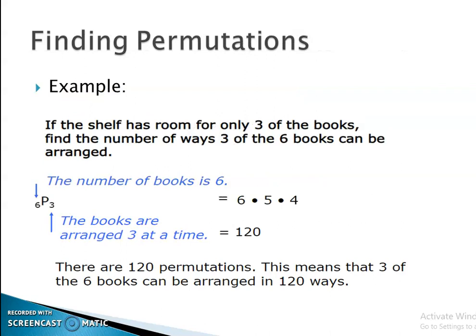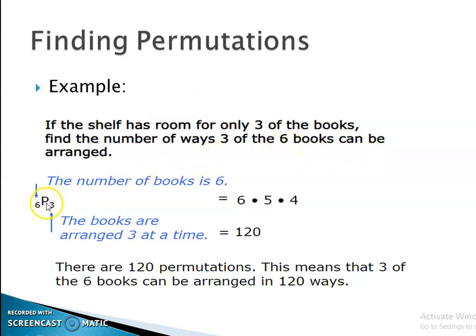Another example of finding permutations. If the shelf has room for only 3 of the books, find the number of ways 3 of the 6 books can be arranged. In the previous example, there were 6 books and we had to arrange all 6 books at a time, and we found the number of permutations by using 6 factorial. But on this shelf, there is a place for only 3 books, so we take 3 books out of 6 books.